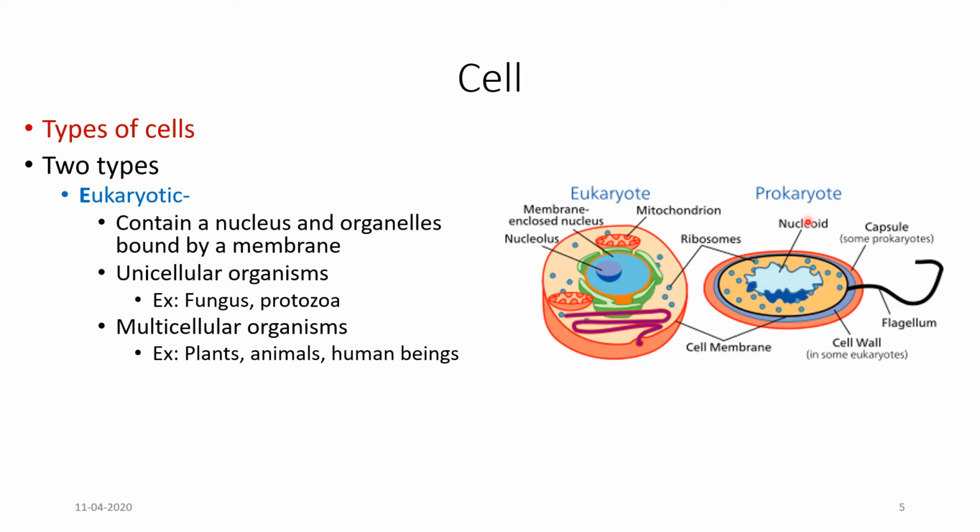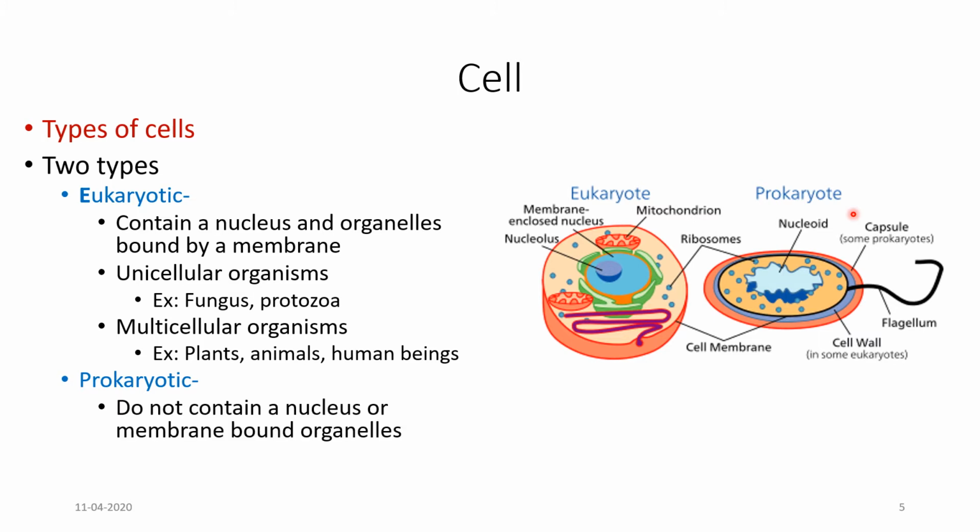The other type of cell which you are seeing here is called the prokaryotic cell. So what does the prokaryotic cell contain? It will not contain a nucleus. We are not seeing the nucleus or membrane-bound vesicles. They are not seen in the prokaryotic cell, and they are seen only in the unicellular organisms.